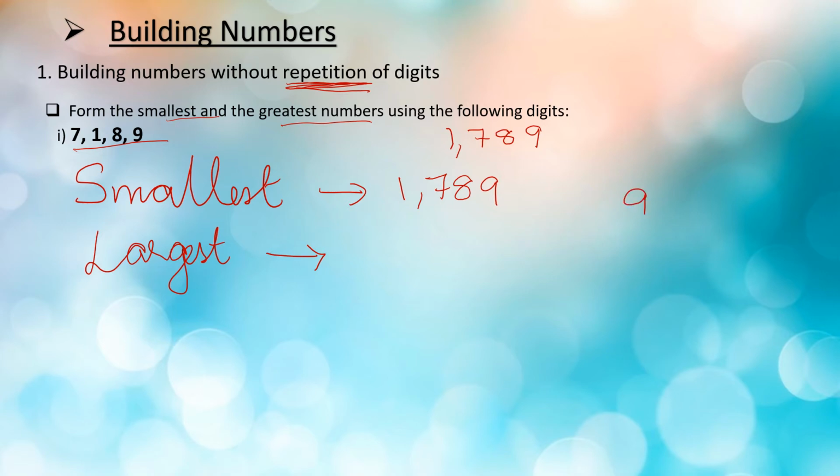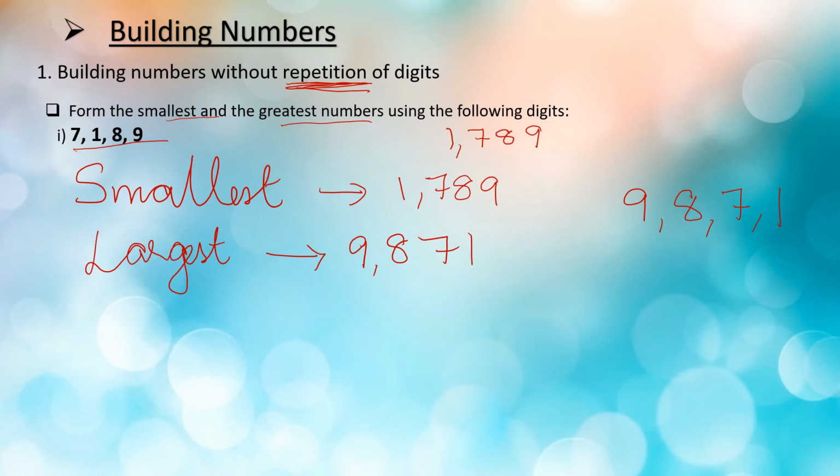It is 9. Then you have 8, then 7 and 1. So we get 9, 8, 7, 1. We have not repeated any of the digits. There is a special case, in case you have a 0.